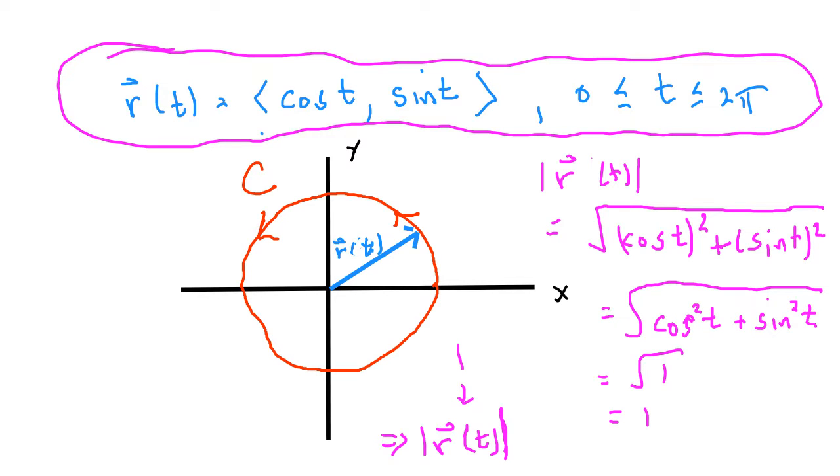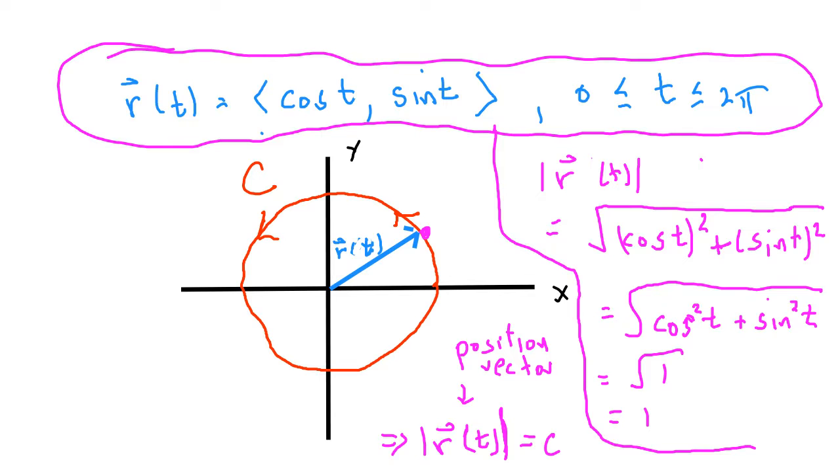I call r(t) a vector function or a position vector because it gives positions on the space curve. This is an example where the length of r(t) is equal to a constant, and that constant equals 1. So far, so good?